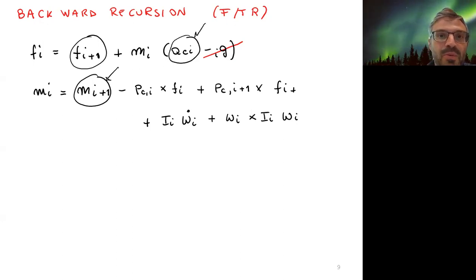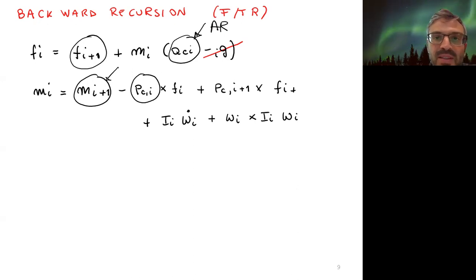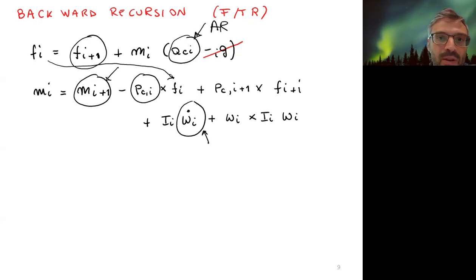We previously computed this from the forward recursion. We also know from forward kinematics the position of the centers of mass. This we computed here, and we know again from the forward recursion the accelerations and the angular velocities.